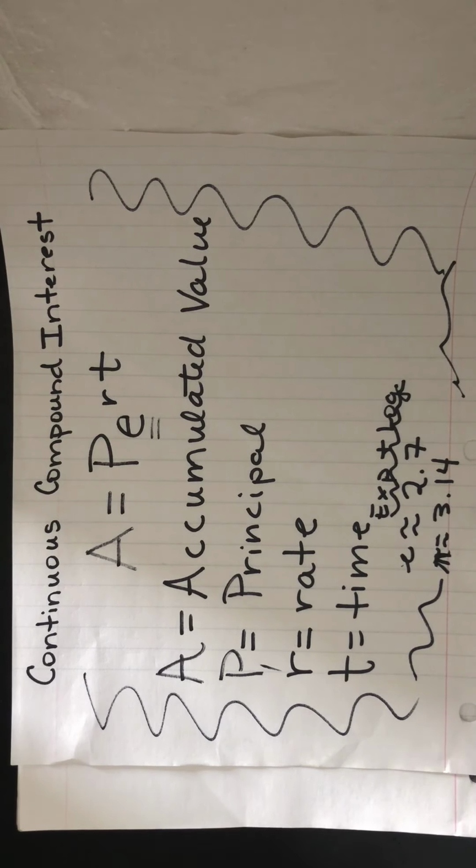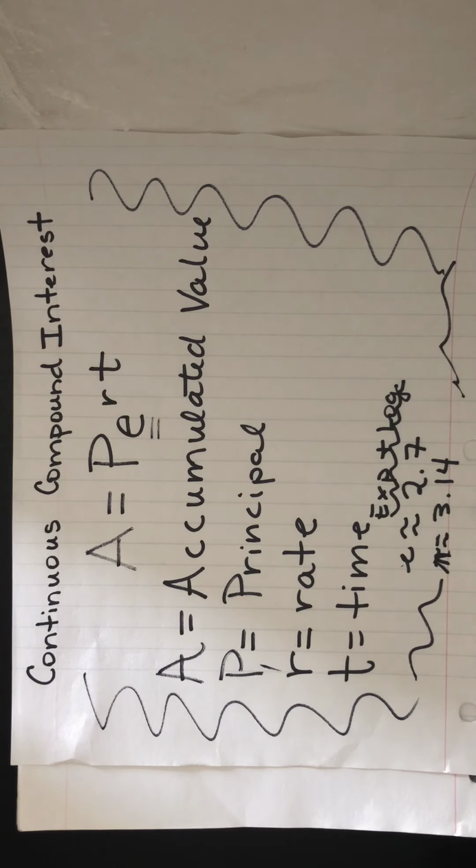Okay? So, there are a couple of variables that we need to discuss before we start the formula and applying it. The formula that we have is A equals P E raised to the RT. A represents the accumulated value.